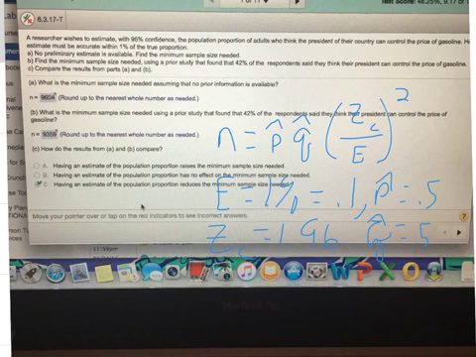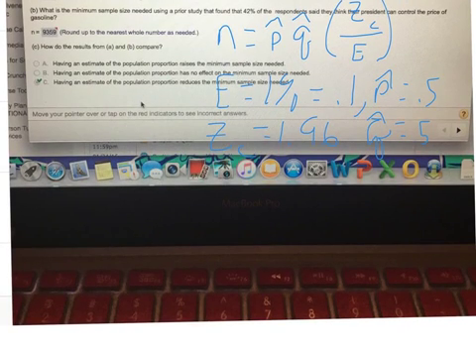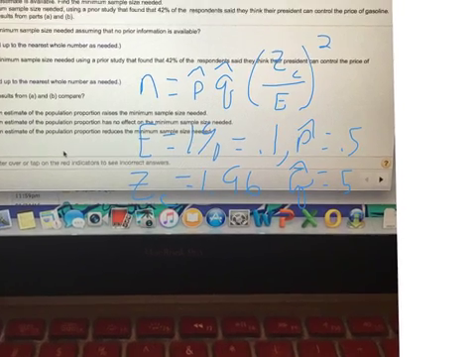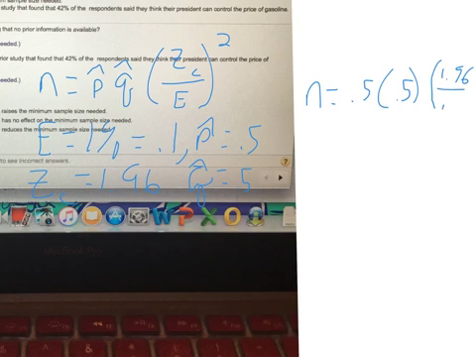So n equals 0.5 times 0.5, times the z-score, 1.96, over the margin of error, 0.01, squared.